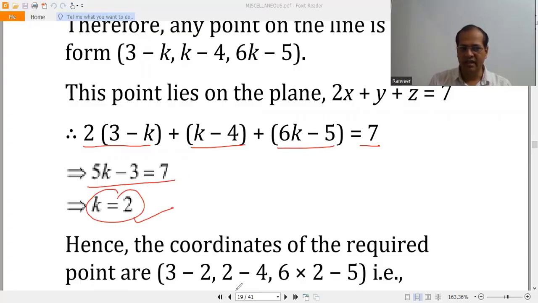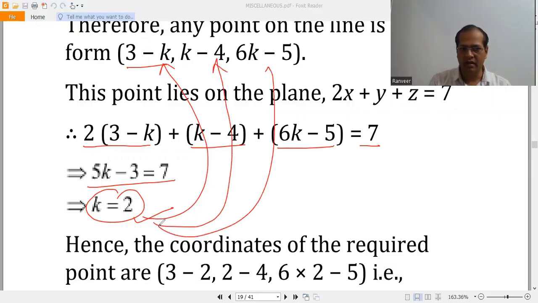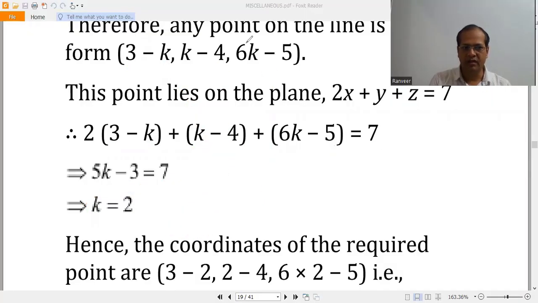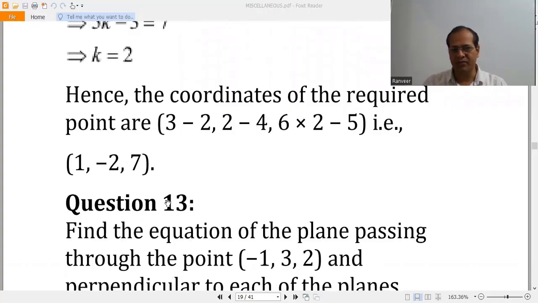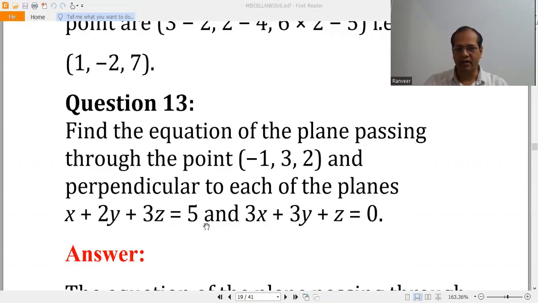We just substitute this value in the given expressions. After substituting, the coordinate of the required point is 3 minus 2, 2 minus 4, 6 into 2 minus 5. That is (1, minus 2, 7). So this is the required point.